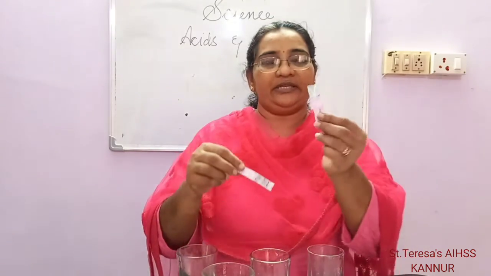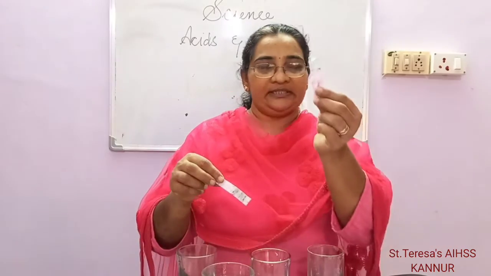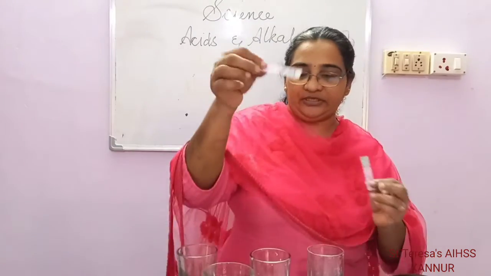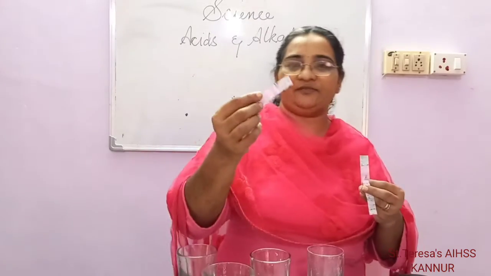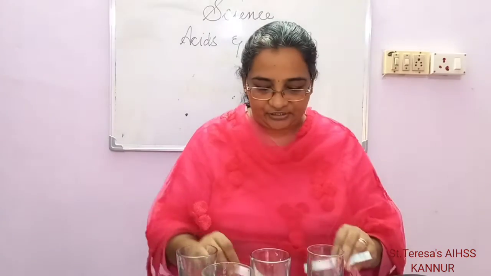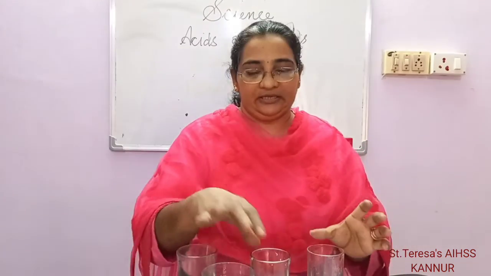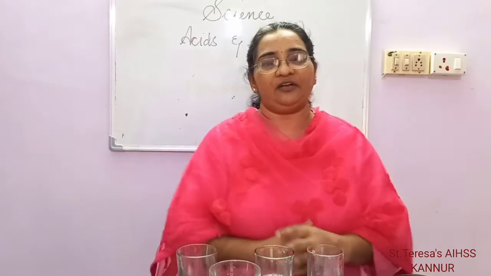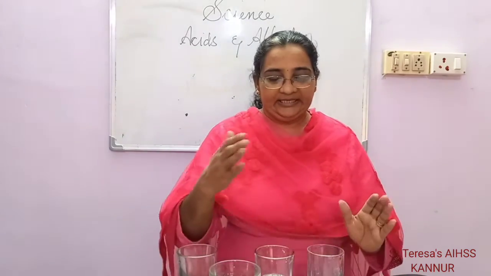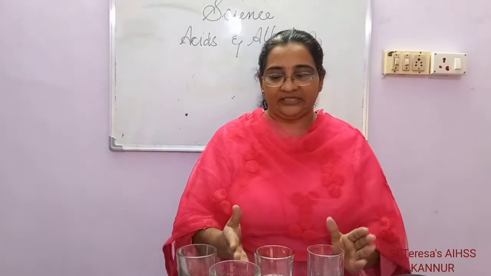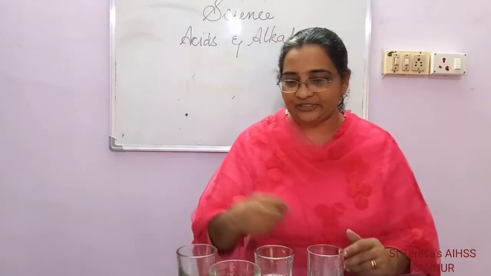So here also you can see the lime water, it has changed into blue. Soap water, it has changed into blue. And potash also, very light potash, it has changed. So all these four solutions have a common property we saw here. Isn't it? What is that property? It has the ability to change red litmus into blue.